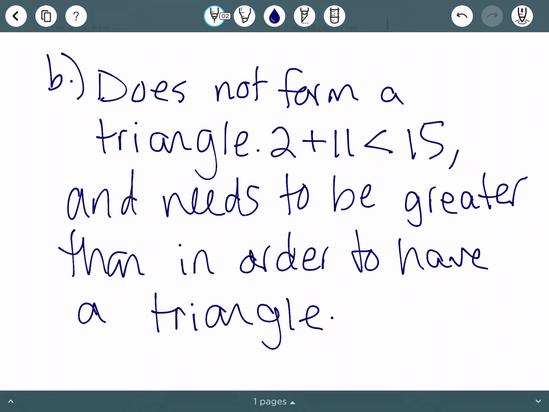All right, that's all for part B. It's not a triangle. Now just remember, again, that's because any two sides that we choose should add up to be larger than the third side.